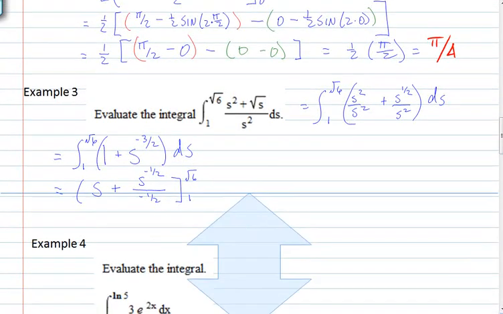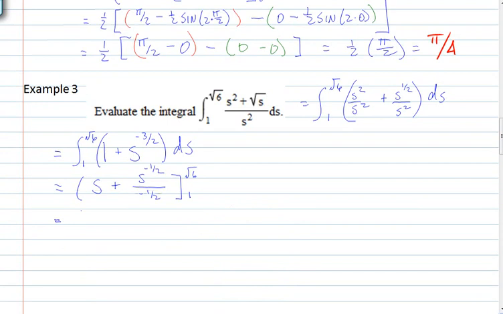So working this out, this is going to be s minus, because a positive over a negative is negative, 2 over the square root of s, from 1 to the square root of 6.